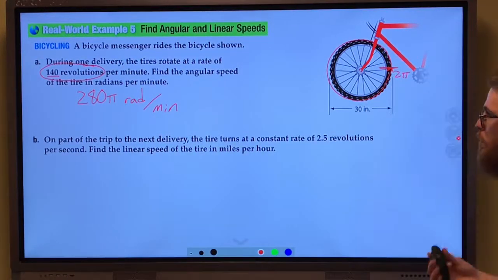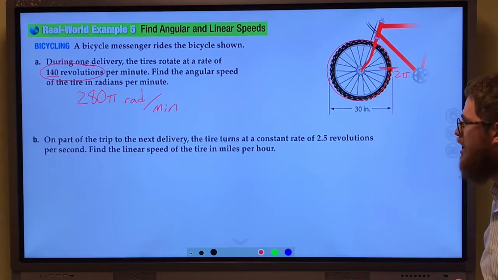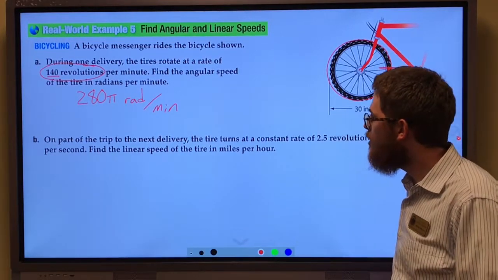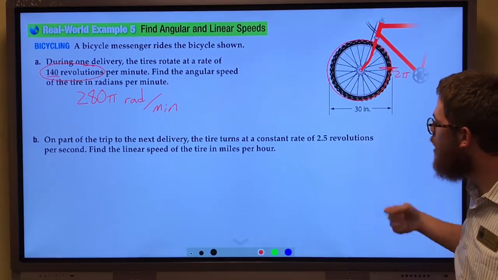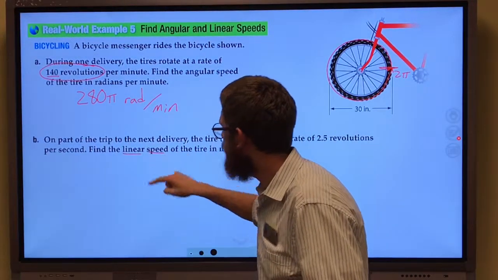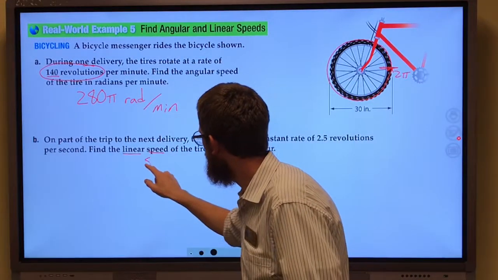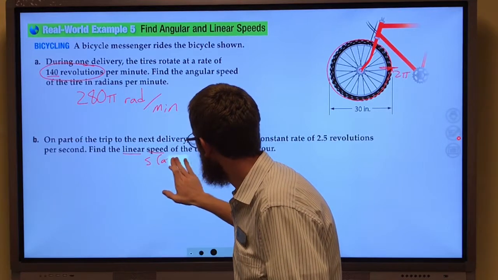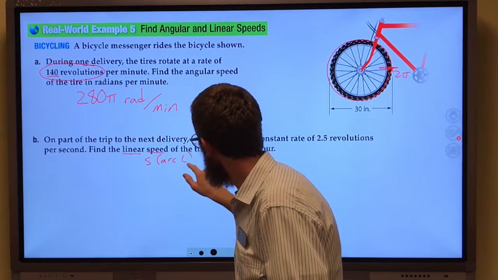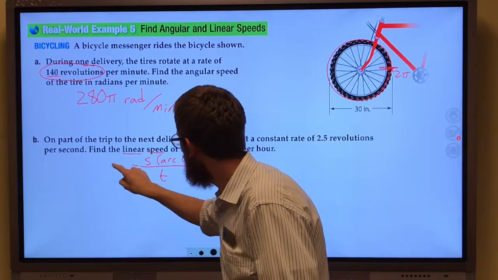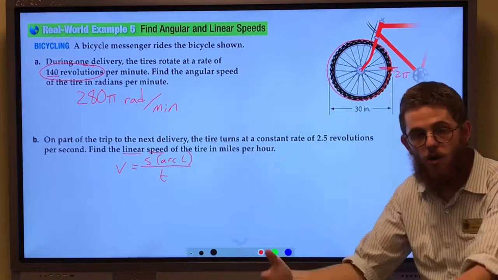It says, on part of the trip to the next delivery, the tire turns at a constant rate of 2.5 revolutions per second. Find the linear speed of the tire in miles per hour. Okay, well, we want to find linear speed. So to find linear speed, we're going to need s, which is the arc length, and we're going to divide that by t, time, and that's going to give us our linear speed.